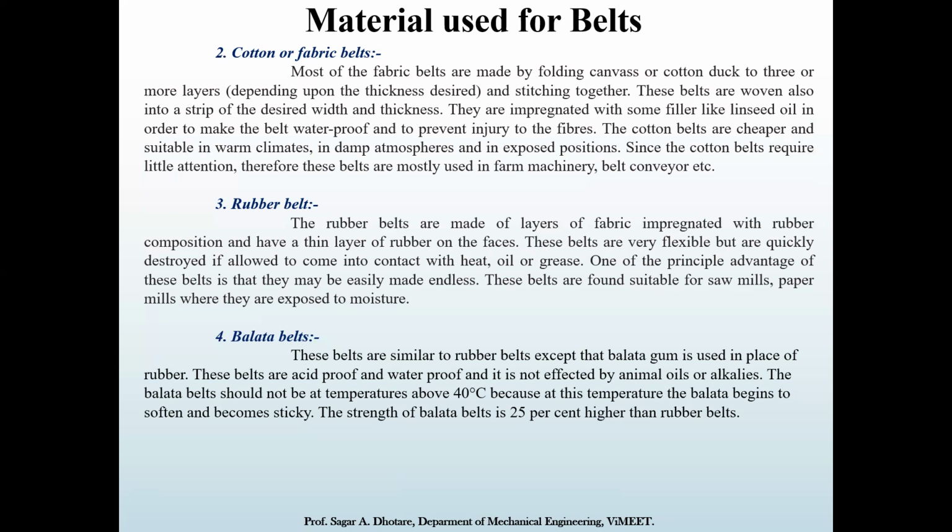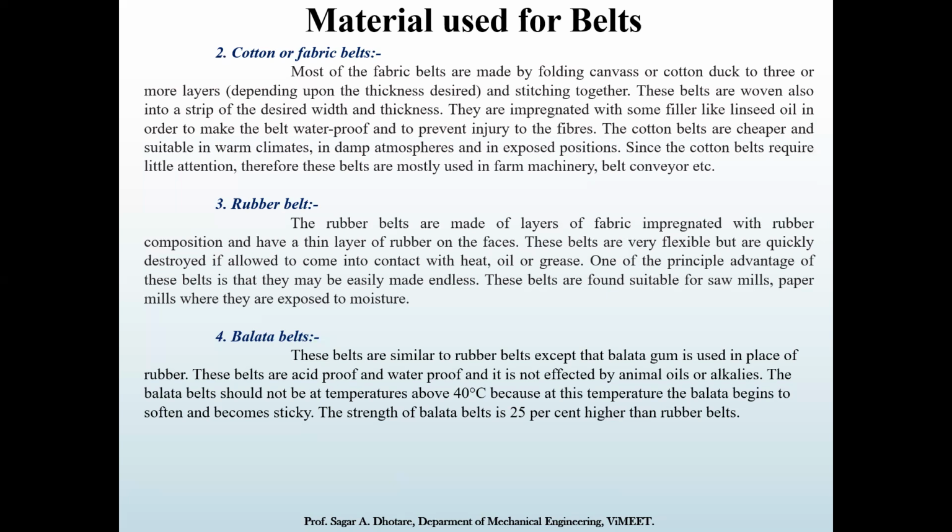Also in a conveyor system we use such fabric belts because a different variety of materials are going to be conveyed. So a proper grip between the component and the belt can be achieved, and for that, these fabric or cotton belts play a very important role, because they give the grip and friction which is desired.